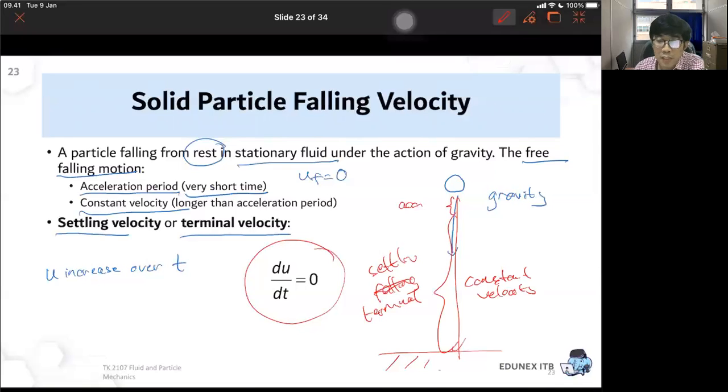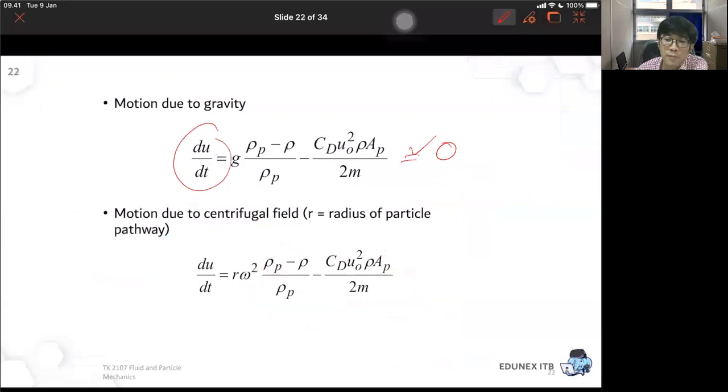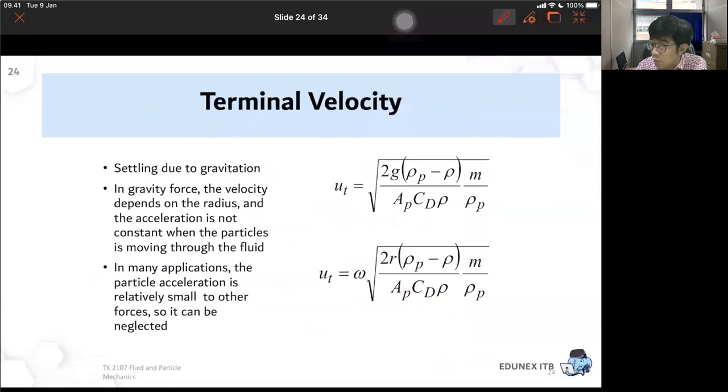And you can calculate the terminal velocity by using this equation and setting this one equals 0. Okay, any question?